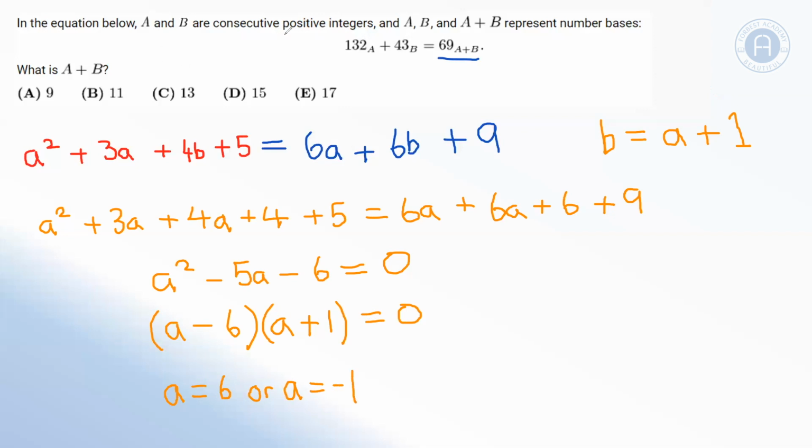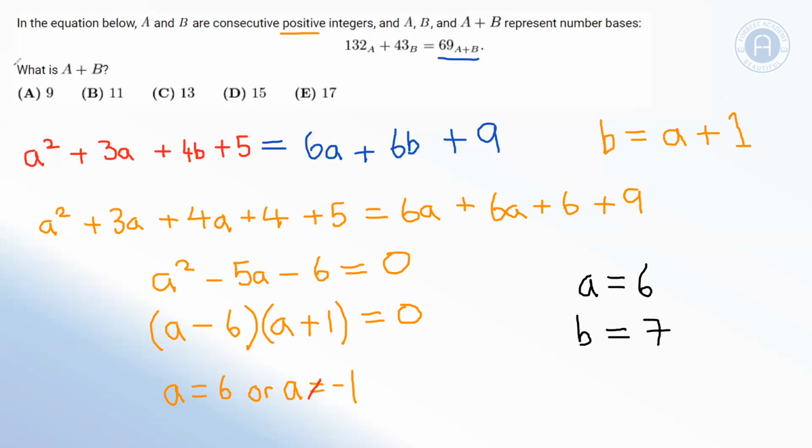Now, they've told us that A and B are positive integers, so that value of -1 can be ignored. So A must equal 6. If A equals 6, we know that B is 1 larger, so B must equal 7.